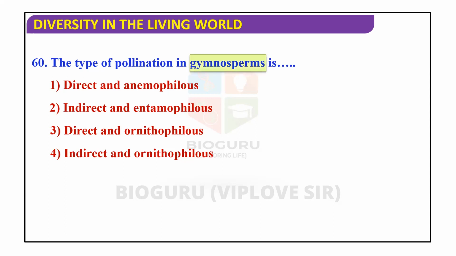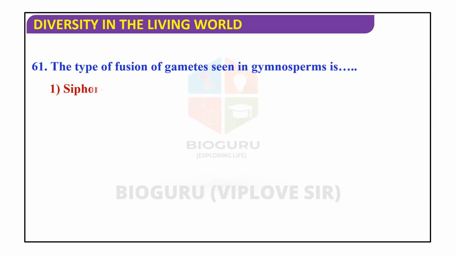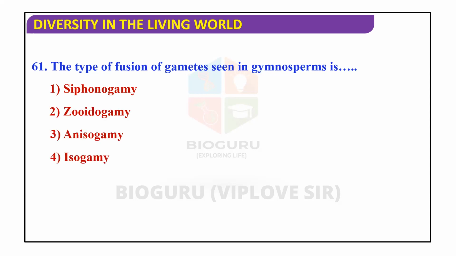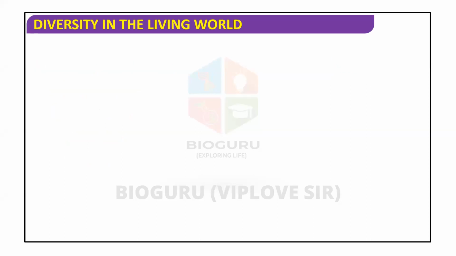Yes, it is direct and anemophilous. Anemophilous is by wind, air, entomophilous by insects, ornithophilous is by the birds. The type of fusion of gametes seen in gymnosperms is siphonogamy, zoidogamy, anisogamy, isogamy. Yes, it is siphonogamy. That's good.